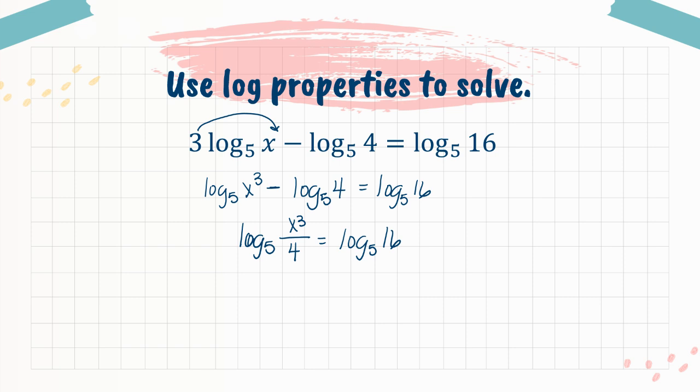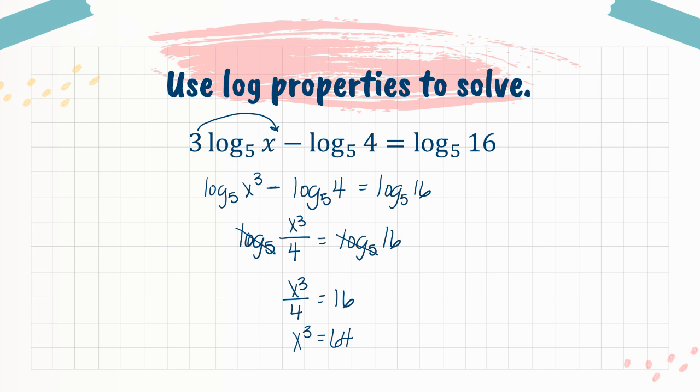Now I can cancel. Because I have a log 5 on each side of the equation, those can be canceled out, and I can solve what is left, which is x cubed divided by 4 equals 16. My first step is going to be multiplying both sides by 4, and 16 times 4 is 64.